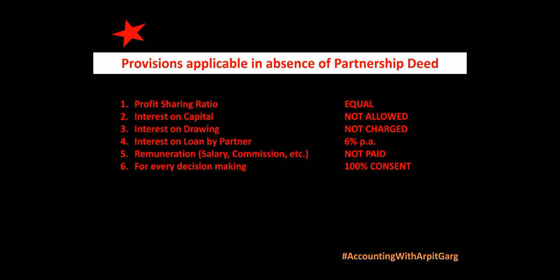Partners will not be charged for the drawings they have made. If any partner has given a loan to the firm, interest will be allowed at the rate of 6% per annum. Partners will not be allowed any remuneration like salary, commission, etc. And for every decision making, there must be 100% consent, which means all partners must agree on a specified point for its approval.